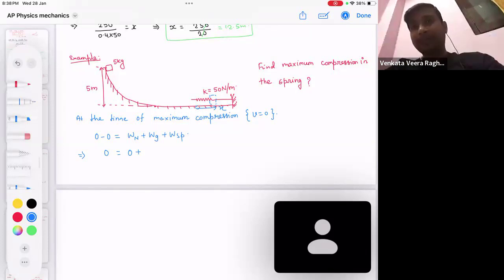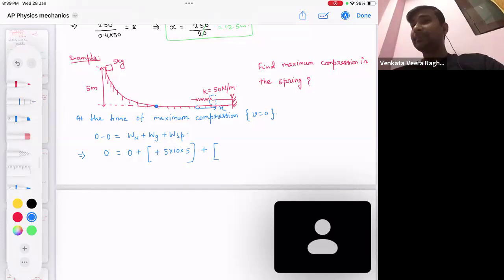Plus gravity work done. Gravity work done will only come up to this portion, isn't it? Because till that portion, the body is coming down, and after that the body displacement and gravitational force become perpendicular to each other. From that moment onward, the gravity work done will become zero. So it will come plus mass 5, g 10, height 10, plus work done by spring.